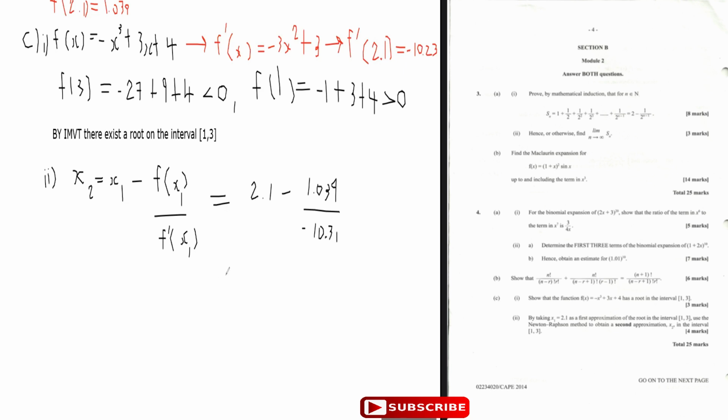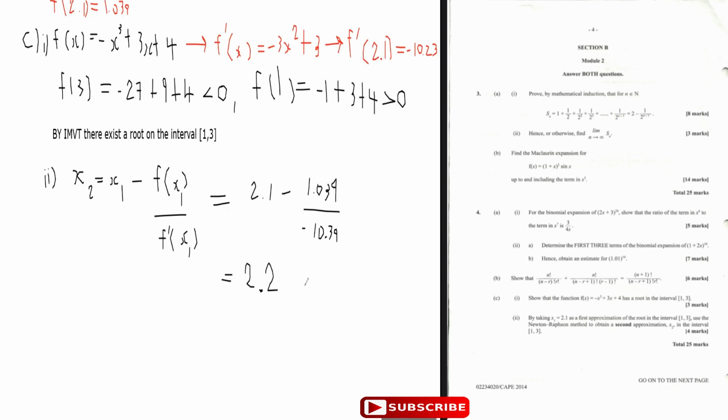When you do this division, we're going to get minus 1.039 divided by minus 10.39 plus 2.1. I'm getting 2.2. That's an approximation, 2.2.